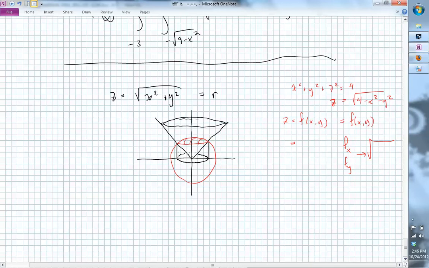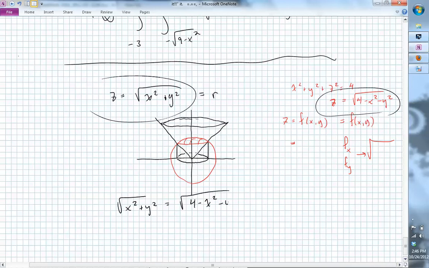So you could plug z from the equation for the cone into the z equation of the sphere. So we've got z equals this part, and we've got this part. We can set those equal and get something like that.